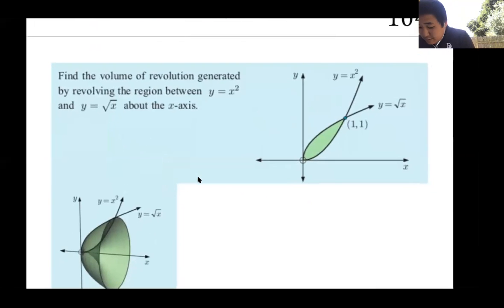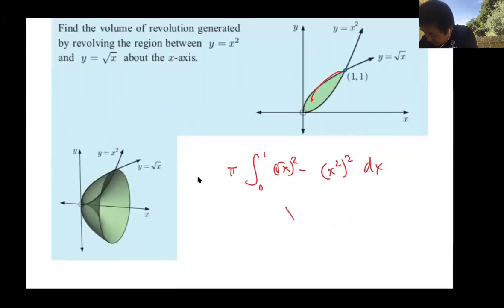Here's a washer. Remember, you do the top function minus the bottom function. So the integral from 0 to 1 of pi. The top function is this, so it's square root of x, squared, minus x squared, dx. Pretty, right? x minus x to the 4th from 0 to 1 times pi dx.